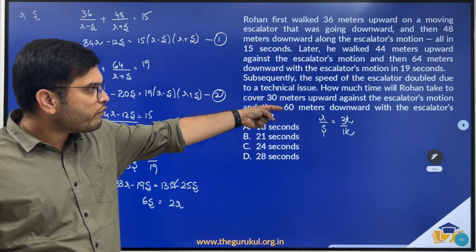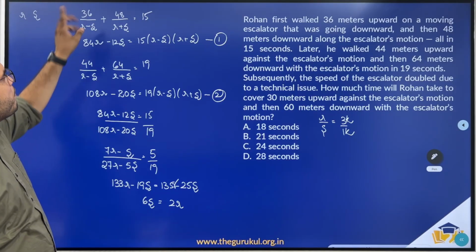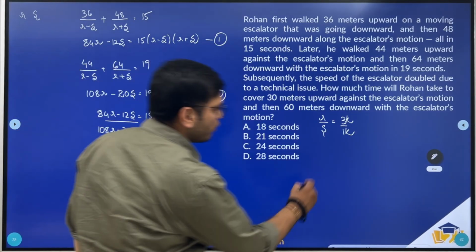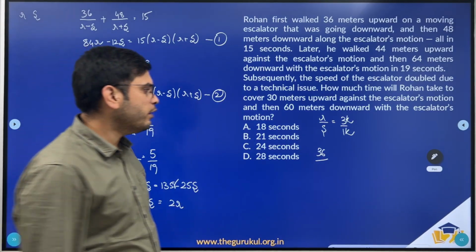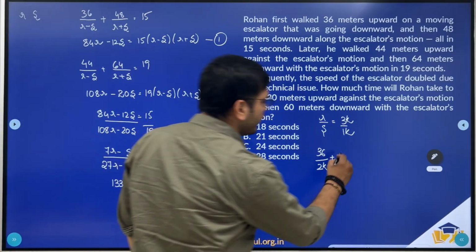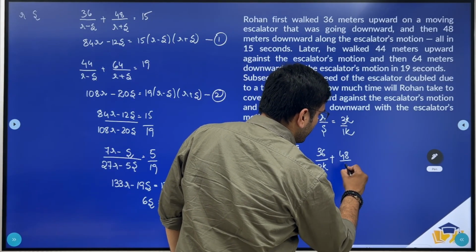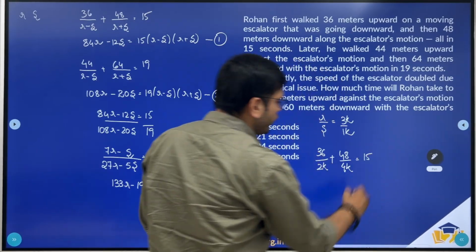Now let me substitute the values of r and s in any of these two equations. So let me substitute it here. Now 36 by what is r minus s? 3k minus k, 2k, plus 48 by 3k plus k, 4k. Now this should be equal to 15.